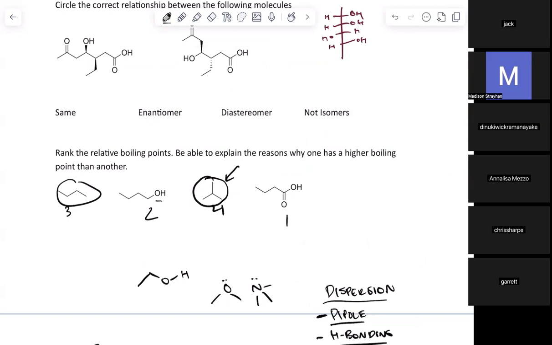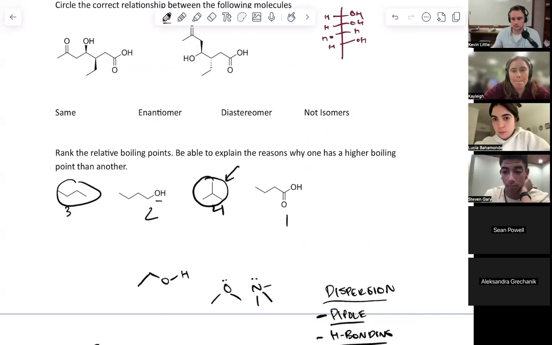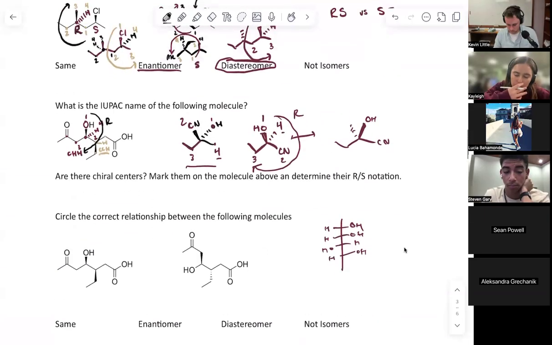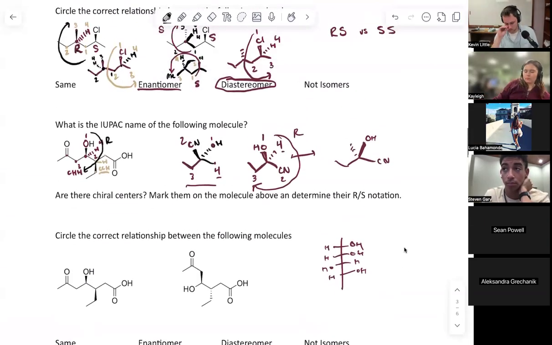I just had one more question about the RS things. When you are redrawing or flipping the molecule, I'm kind of confused on the right way to draw it. Because I feel like the way you draw it depends on the arrow, like the arrow depends on the way you draw it.